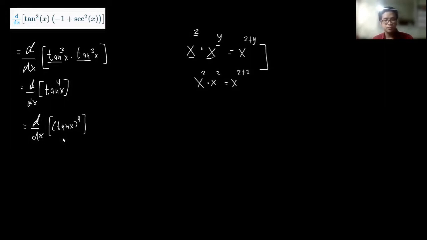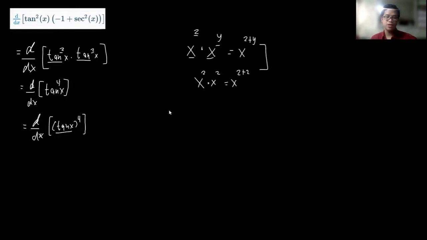So again, this is just similar to the sine squared of x. Since you have a given trigonometric function inside of an exponent, of course what we're going to use here is the chain rule.